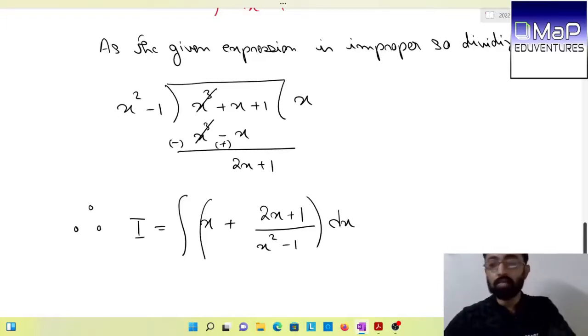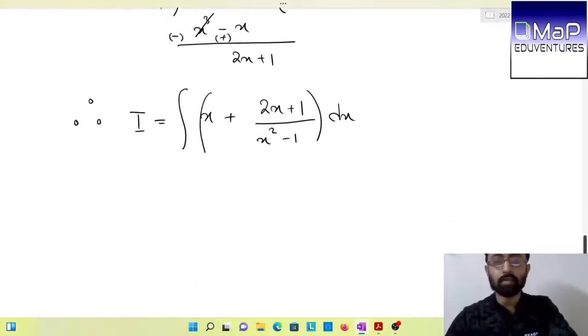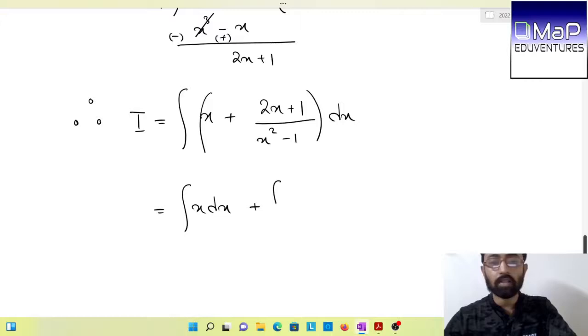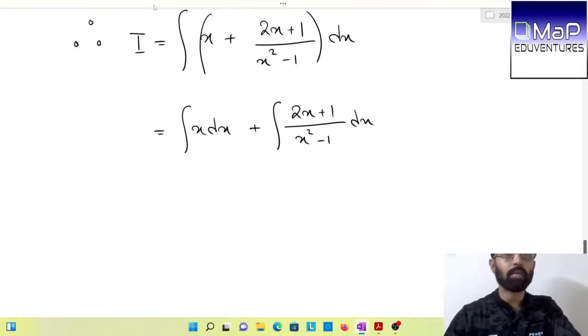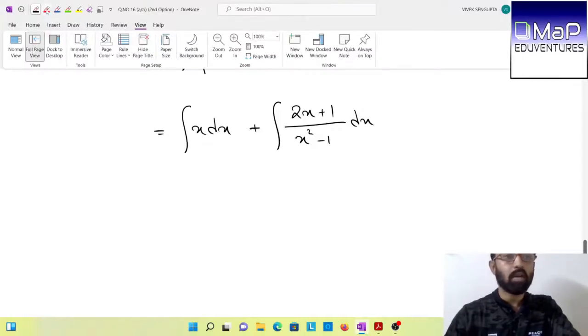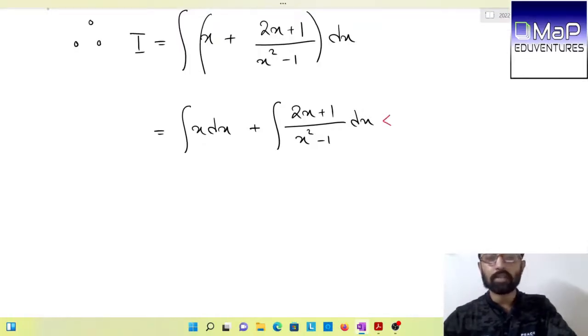Alright, so now observe that we have two parts. First part is integration x dx and the second part is integration twice x plus 1 over x square minus 1 dx. Now the first part has no problem, but what about the second part? Now observe that in the second part we can go to partial fraction, no problem, because the denominator can be broken into two factors.